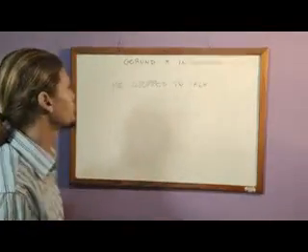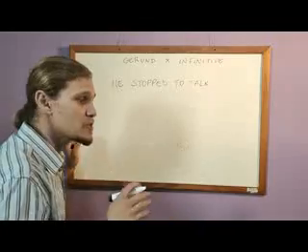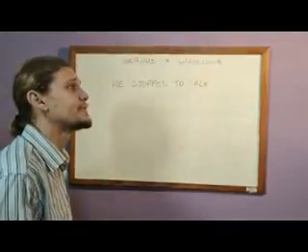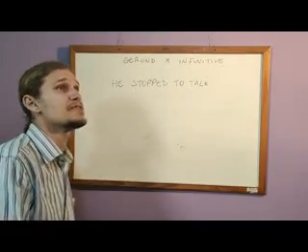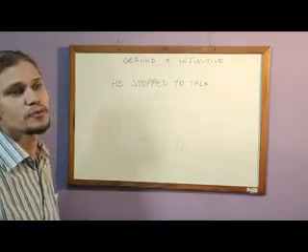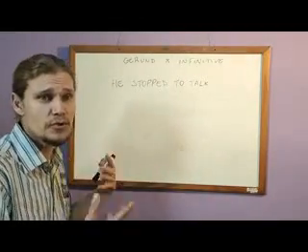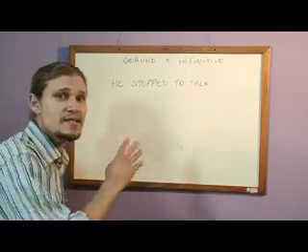Period. Okay. This is a sentence. He stopped to talk. He stopped to admire the sun. He stopped to pay me a visit. Doesn't matter. You can add any verb.